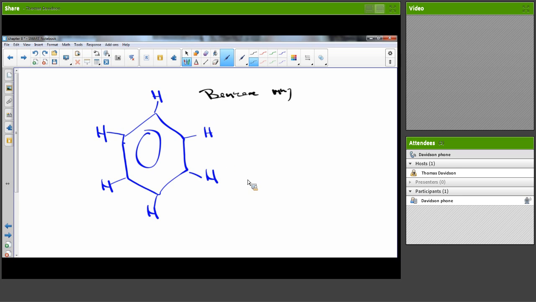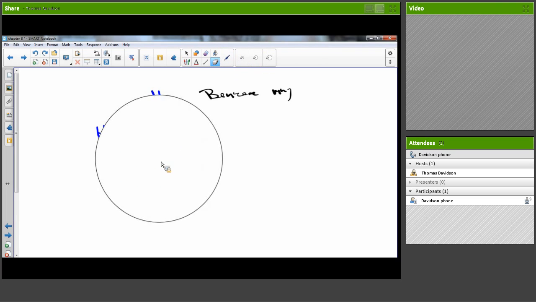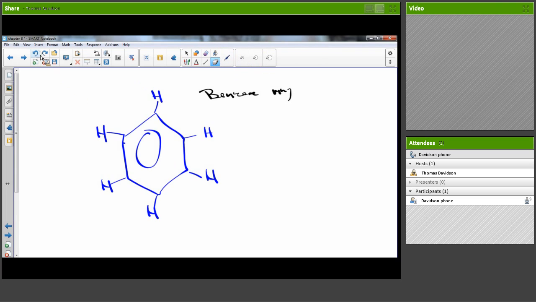All right, a benzene ring. Benzene doesn't really have a circle in the middle, if we're technical. Benzene would have a double bond every other bond.